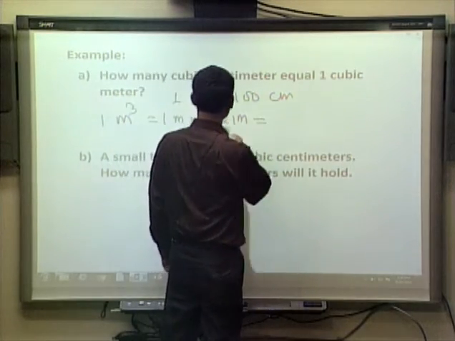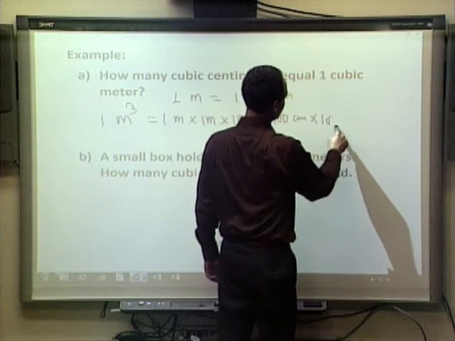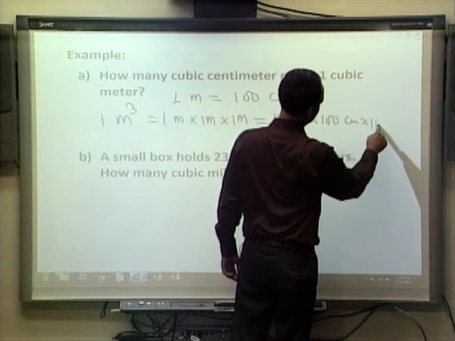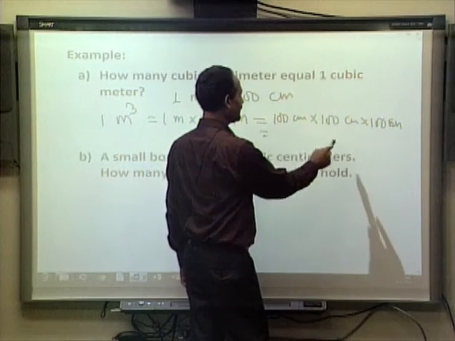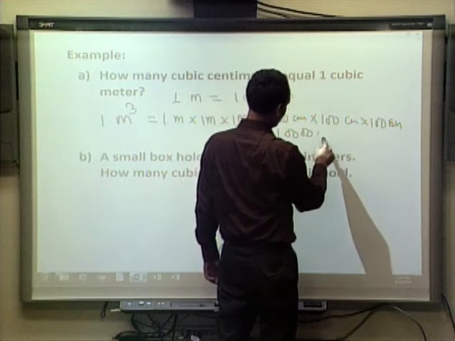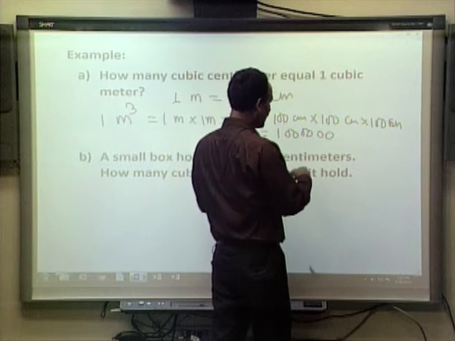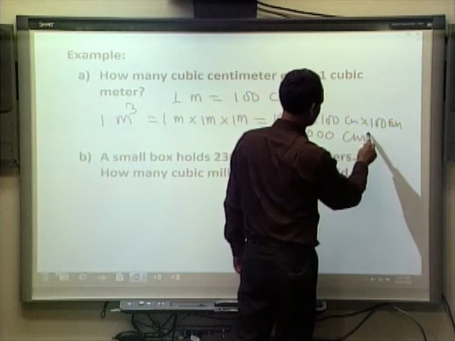That will give us 100 centimeters times 100 centimeters times 100 centimeters. So, 100 times 100 times 100 is 1,000,000 centimeter cubed.